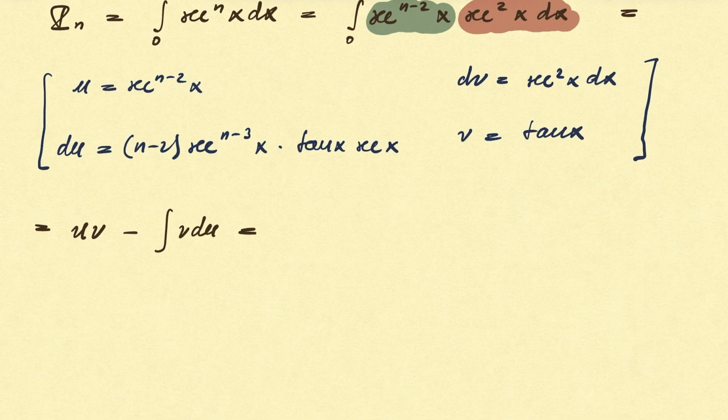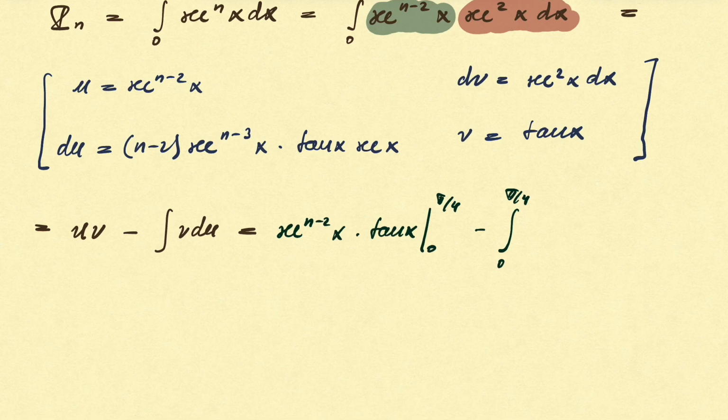So in terms of what we obtained, it is secant to the n minus 2 of x times tangent of x, and let's not forget about our boundaries since we have a definite integral, minus the integral from 0 to pi over 4.